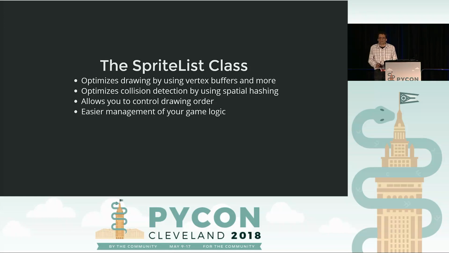Sprite lists have built-in spatial hashing, so it actually keeps track of what sprites are close together so that you can take those 1,000 calls and just make a few calls. Lists also make for easier sprite management so that you can basically keep lasers separate from walls, separate from characters, coins, enemies, that type of thing.